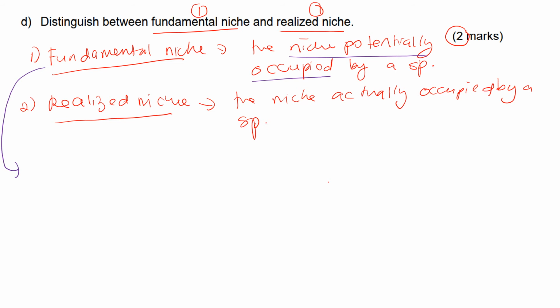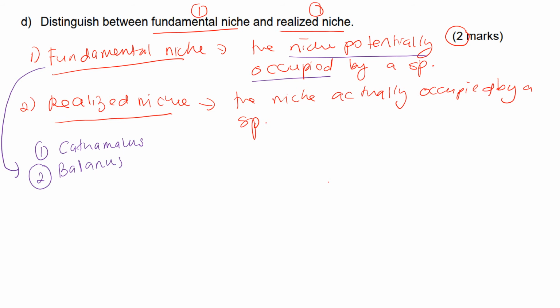species. Okay, so for example, in your notes it gives you two types of barnacle, which is Catamalis and also Balanus. So these are two different types of barnacles that live on rocks.